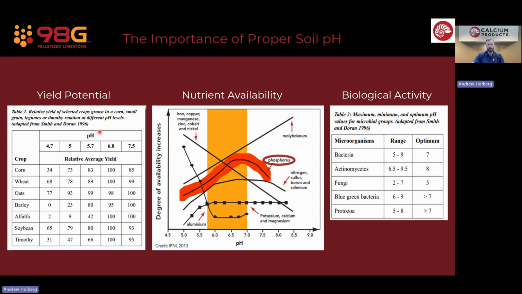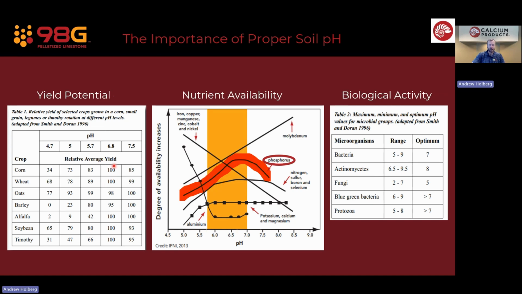Over time, those targets have been modified, and a lot of the Midwestern universities have pulled those back a little bit to 6 or 6.5, depending on the crop and the area. So it's always best to check with your local extension service as to what the exact target pH is. But most of them are right around 6 or 6.5.